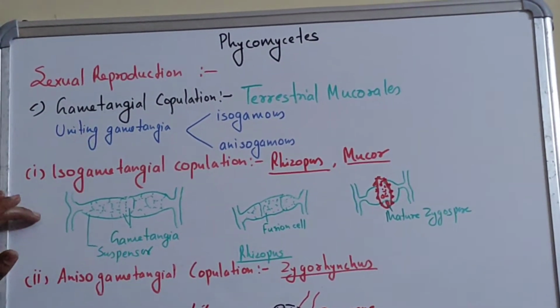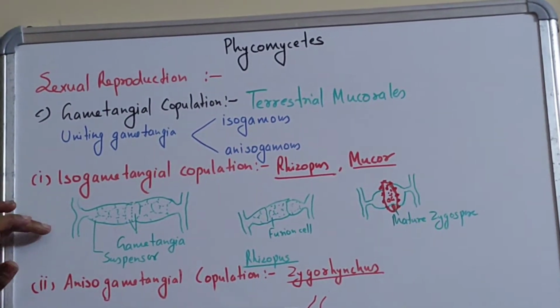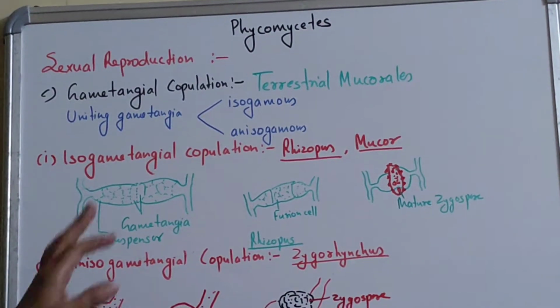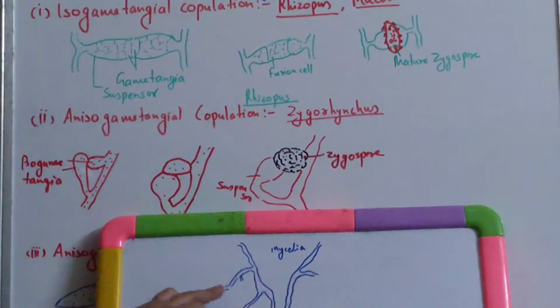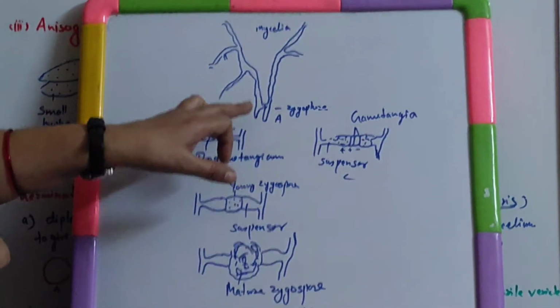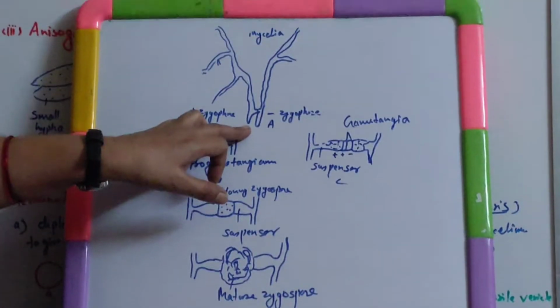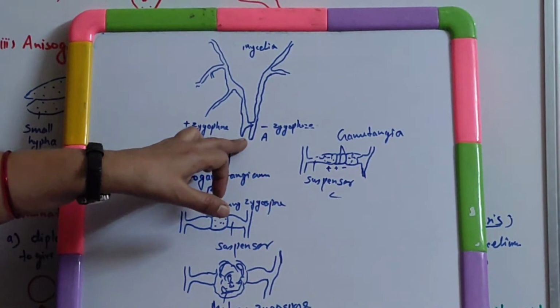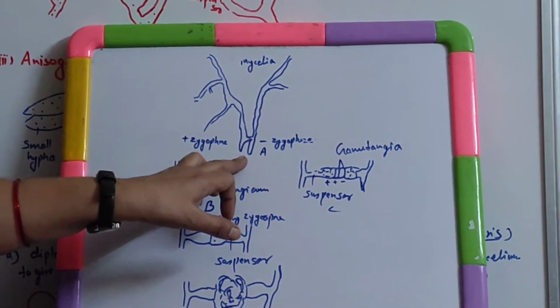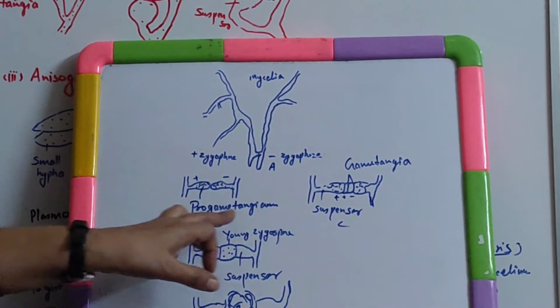There are homothallic species as well as heterothallic species. In the case of heterothallic species, the hyphae of opposite strains come very close to each other, and at the point of contact they form a short lateral outgrowth. This short lateral outgrowth is called progametangium.